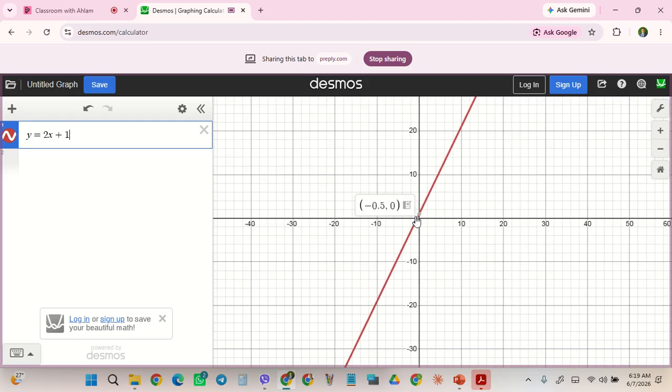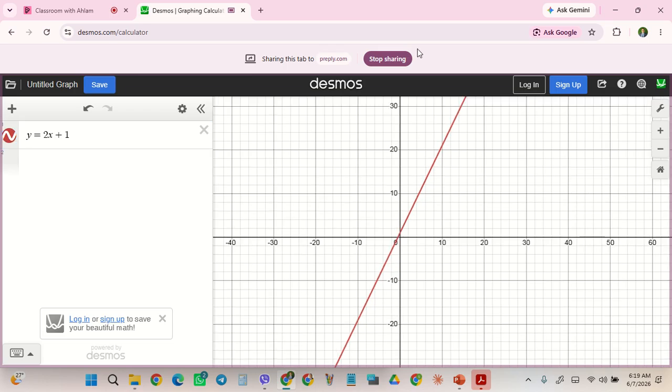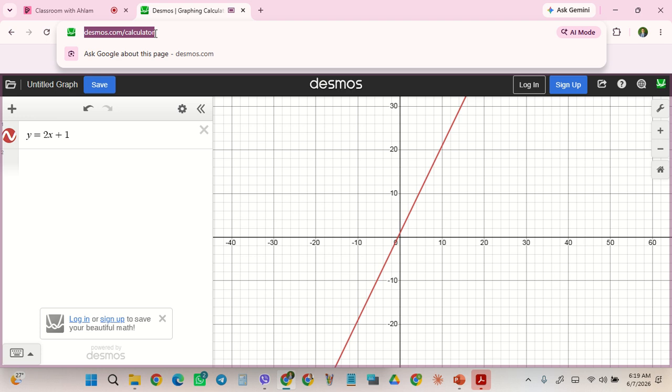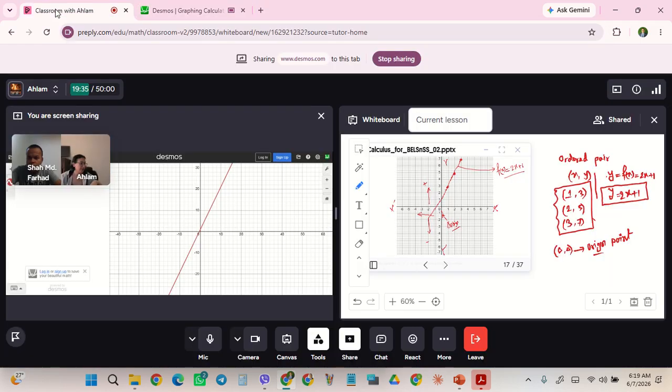Oh, is this a calculator? Yeah, a graphing calculator, that is called Desmos. Oh, no, I don't have it. Okay, but I can get one online. Yeah, I know there is someone.